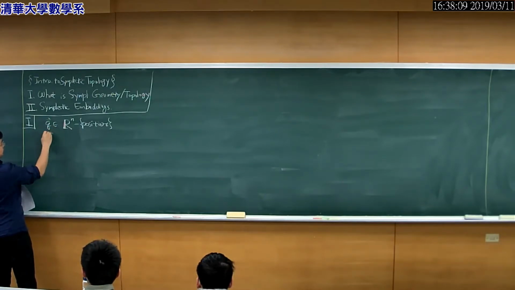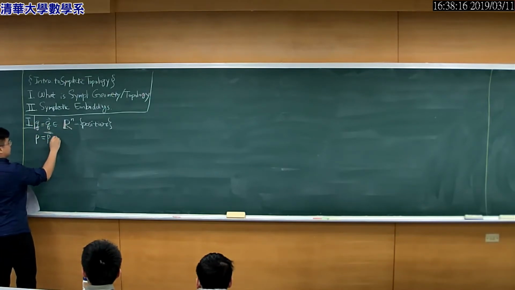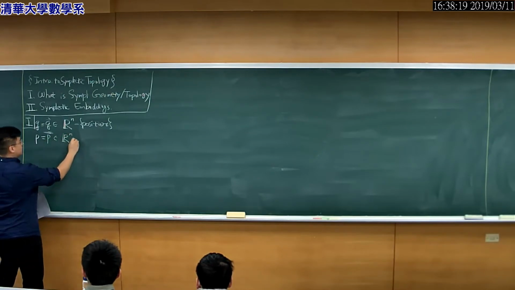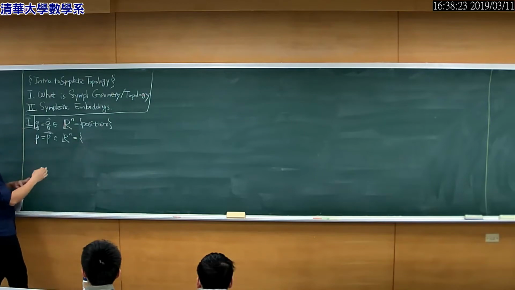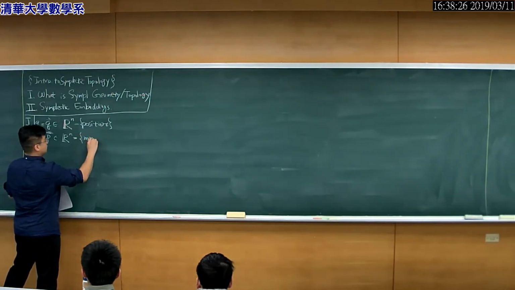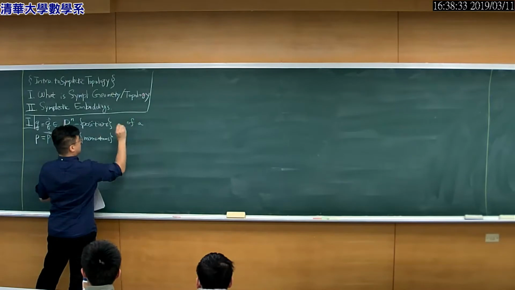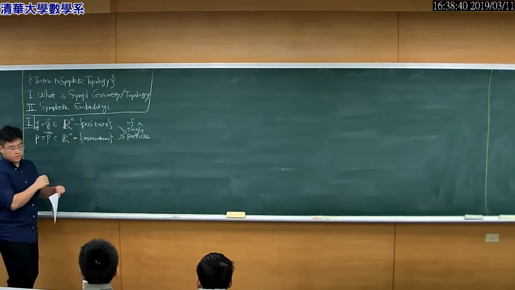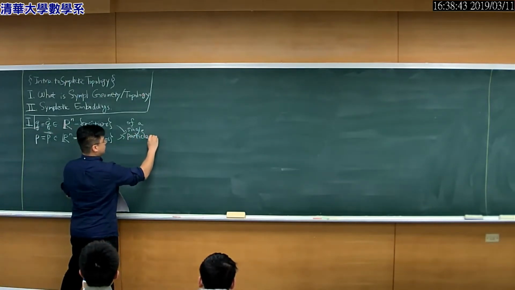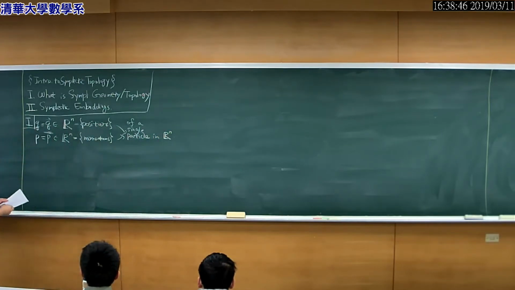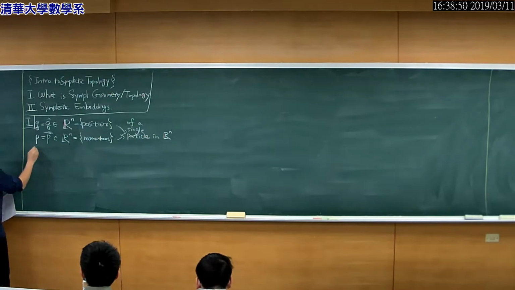It's actually a vector, but I will just abbreviate them by Q and P, and they are from another n-dimensional Euclidean space, and I will say those are coordinates of a momentum of a single particle moving in R^n.